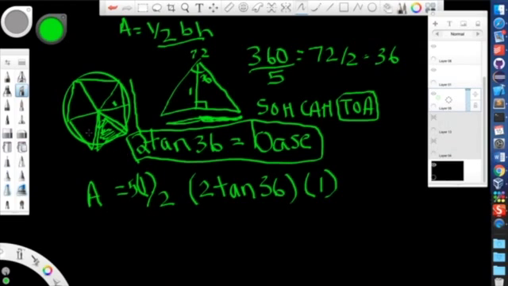So the area of 5 of these triangles will equal A equals 5 over 2 times 2 tan 36 times 1. And if we plug that into our calculators, it'll actually equal 3.6327.